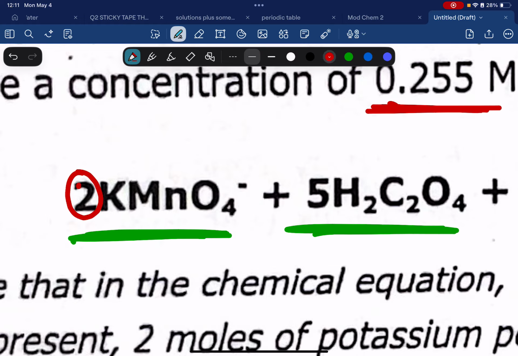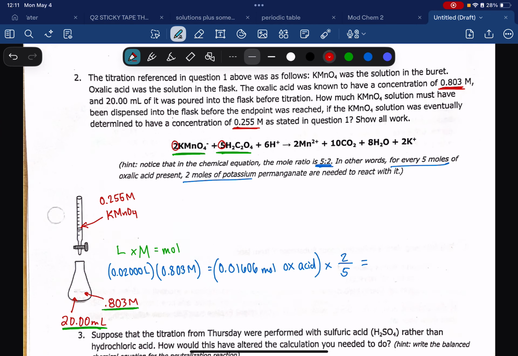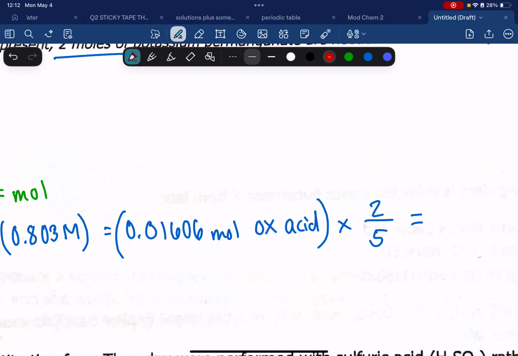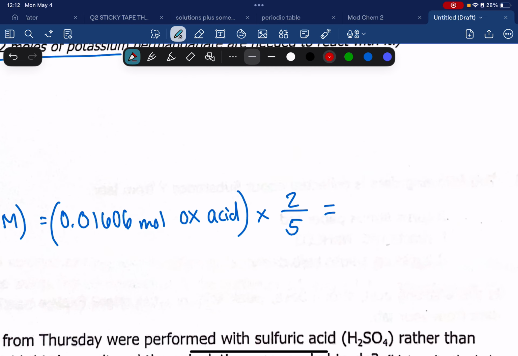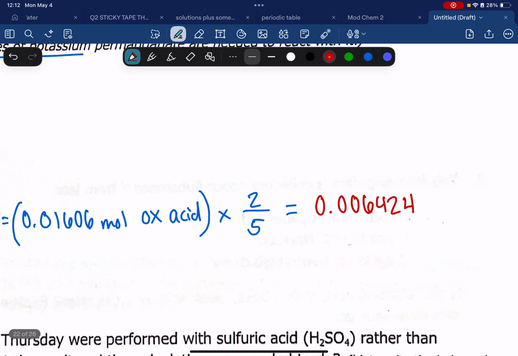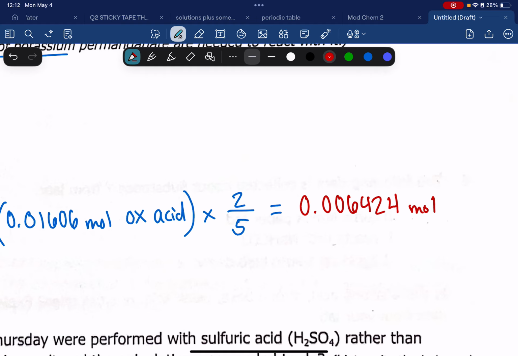You agree with me that 2 is 2/5 of 5, yeah? So I need the number that's 2/5 of 0.01606. So I'll punch that in my calculator real quick. I got 0.006424, and that is moles of potassium permanganate solution.